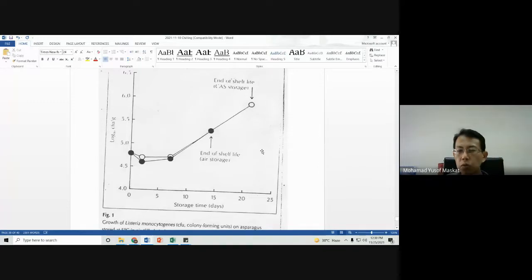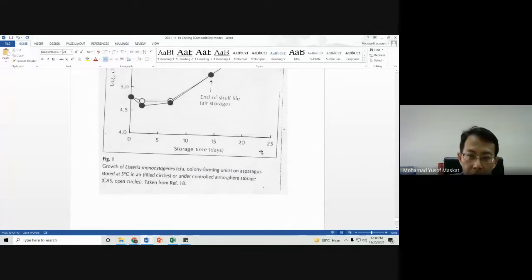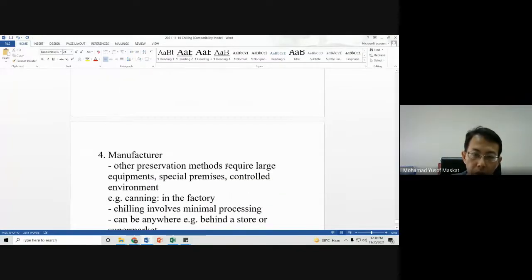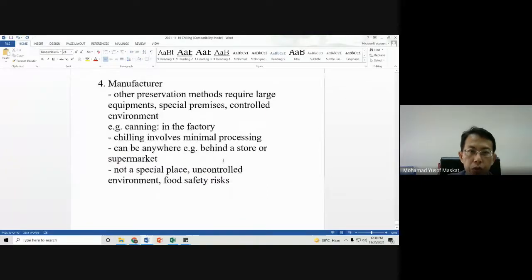So it is a two-edged sword where it cuts both ways. From one aspect, a longer storage time is favorable, but at the same time, it also poses a risk. So that is why we need to know our products and how to address all these issues.